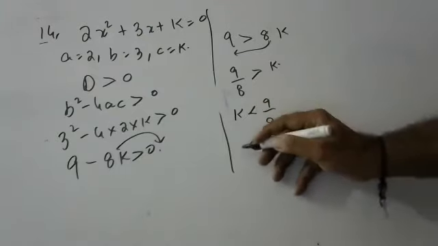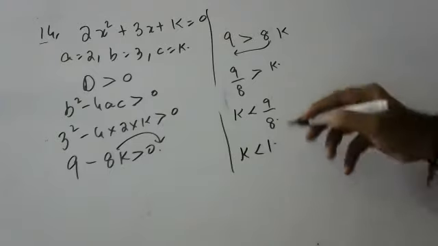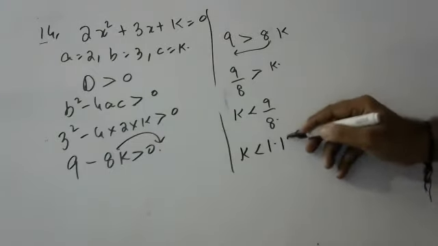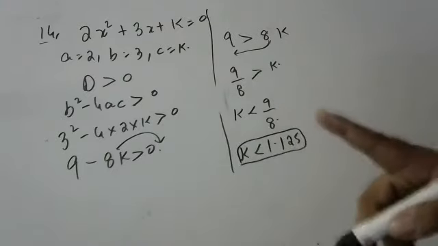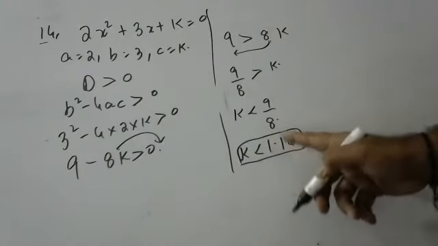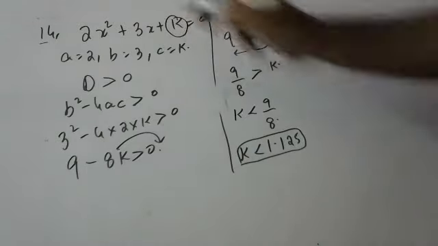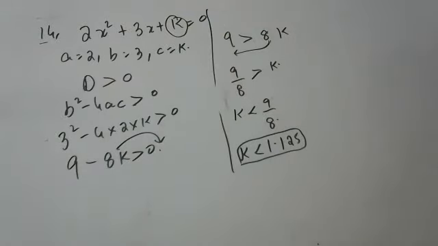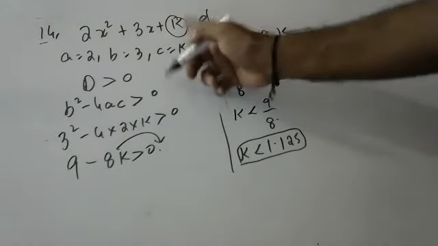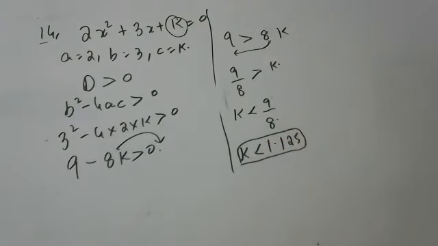See here, k is less than 1.125. So children, what should your answer be? K should be less than 1.125 to make it a unique solution. If you want a unique solution for this equation, k should be less than 1.125.